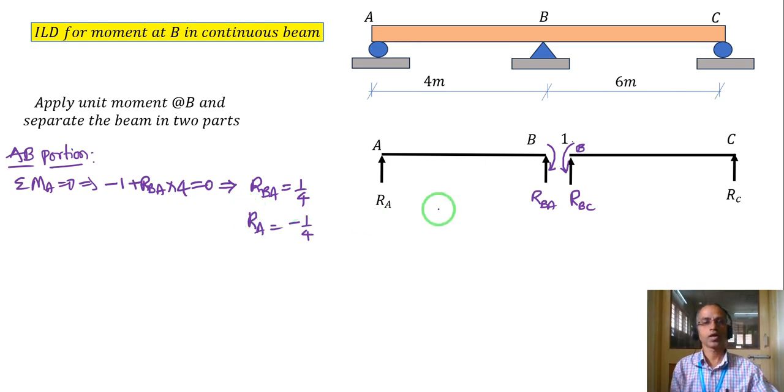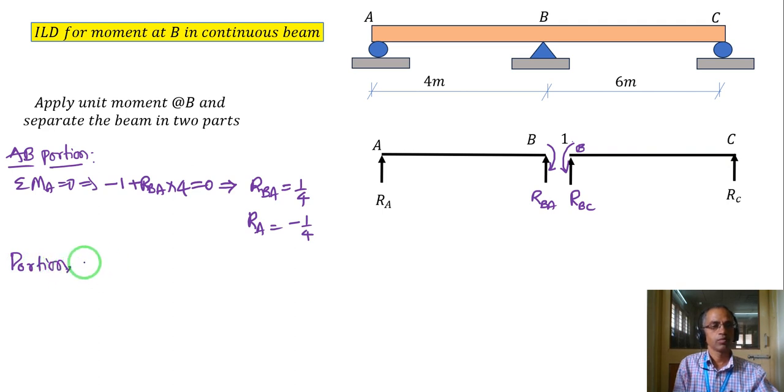Okay. Similarly, we can go for portion BC. The summation of moment at C equal to 0. So I am going towards the right hand side, right? So RHS, moment at C. Clockwise, positive.